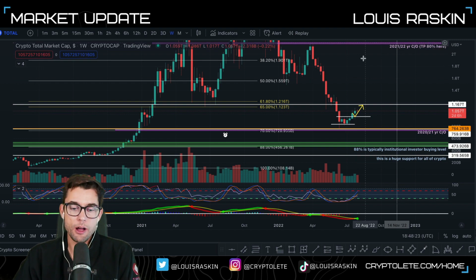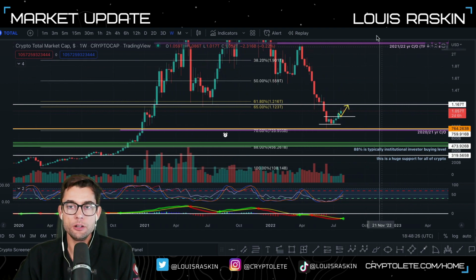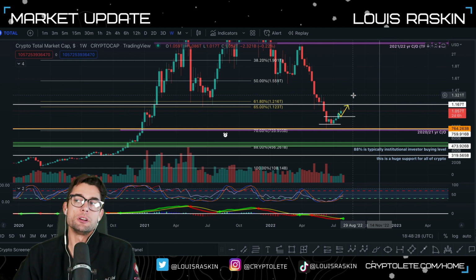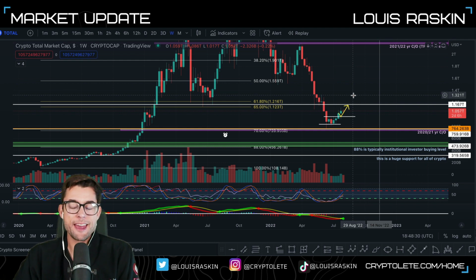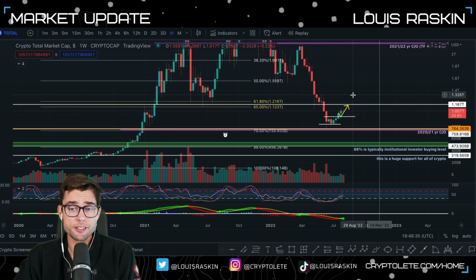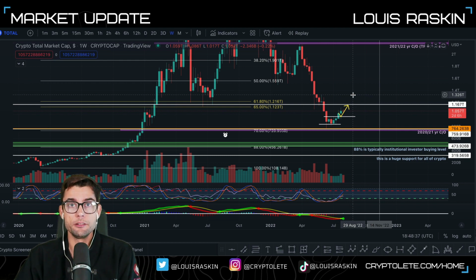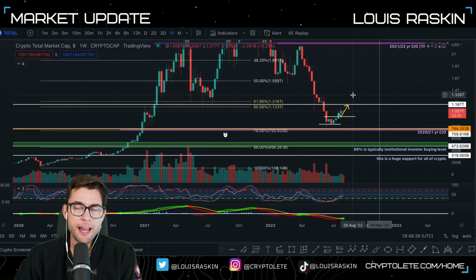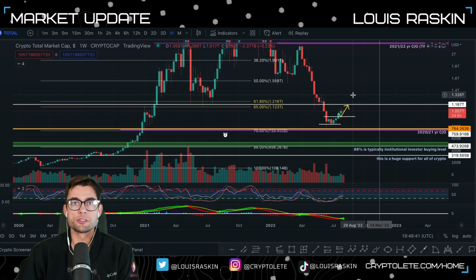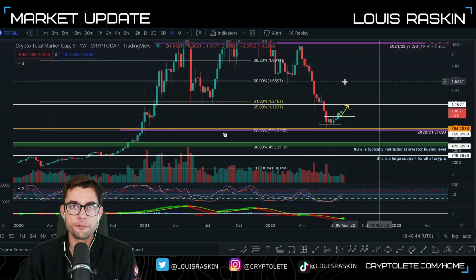But for now, I'm going to stick with what I know and what I do, because it really goes to show you that it doesn't matter what trading strategy you use, as long as it's a good one that you understand and you're profitable with it. So for me, I love the Fibonacci's. The Fib is my absolute favorite thing to use.